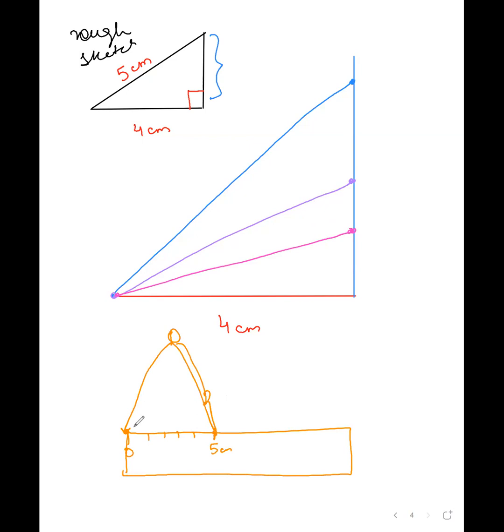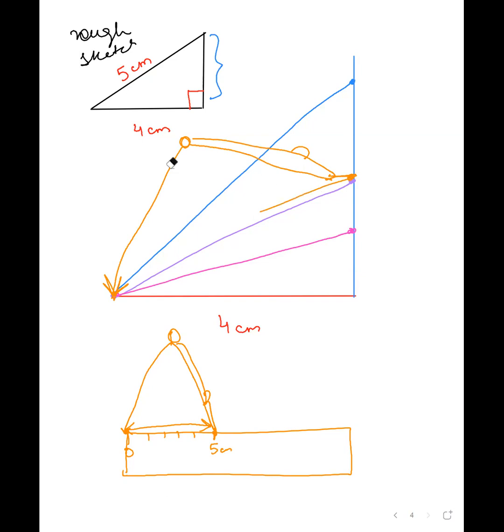So now this length is going to be 5 centimeters. Now you don't change the length of the compass. You put the needle over here and your pencil over here. Now this is 5 centimeters from here to here. So you will know that this one is 5 centimeters.